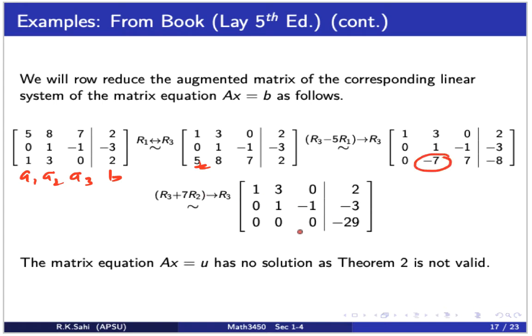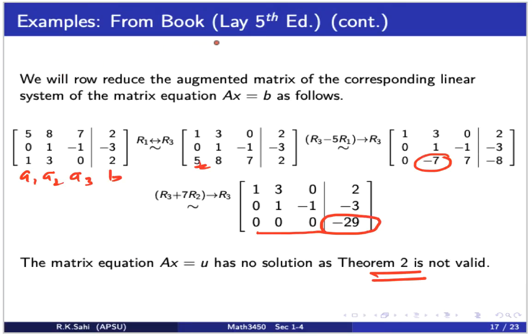So when we do it, oh no, what do we see here? When we do this operation, R3 plus 7 R2 goes to R3, we get a bunch of zeros and a non-zero element as the last column of the augmented matrix. That's not right because theorem 2 is not valid. Let me get theorem 2 for you guys.